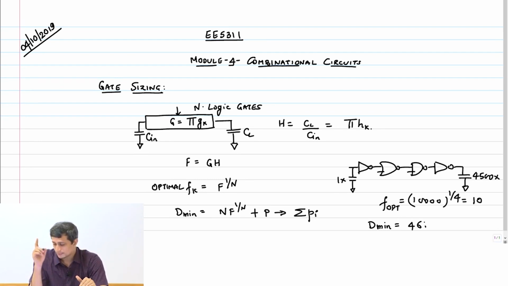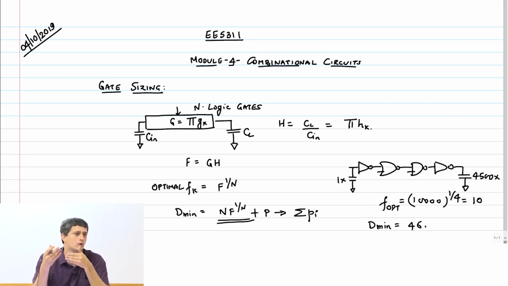The thing is that from this formula, it is evident that if n happened to be a very small number, then this F power 1 by n can come down only by that much, because you have only a square root or a cube root or a fourth root to take.